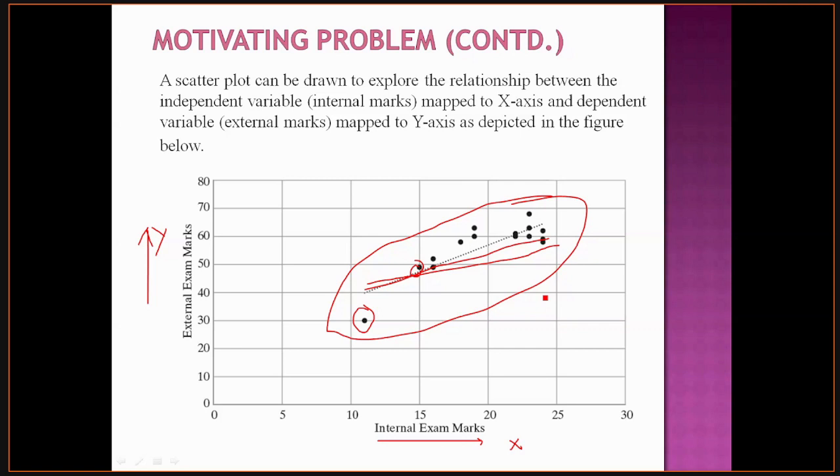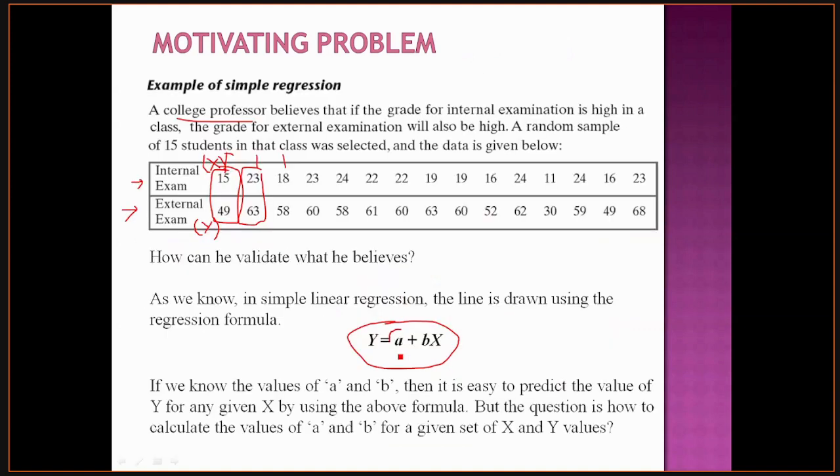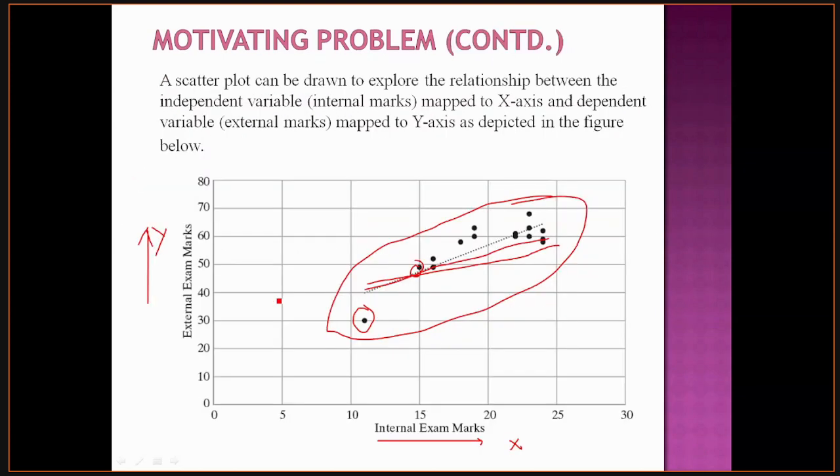Which is going to be the closest to resemble the relation between the data? For that, I have to figure out the value of A and the value of B. A is my intercept and B is my slope. So I have to figure out the value of the intercept and the value of the slope.